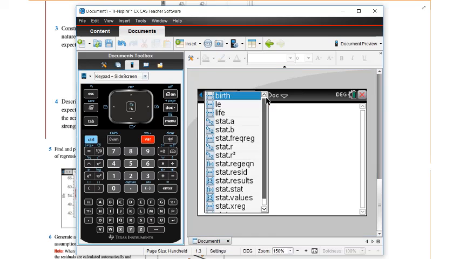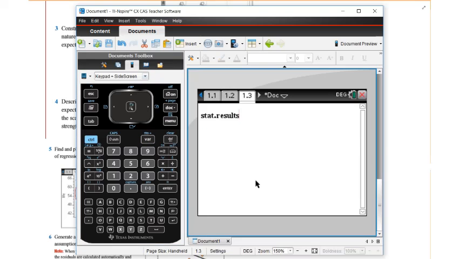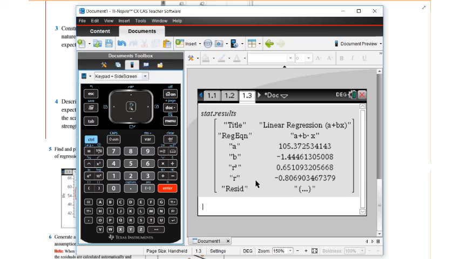And then I want to get stat results. The stat result is for what I've just plotted. That gives you your A and your B values, and your R squared and your R. And the R squared is very important when you're doing residual analysis in a transformation activity.